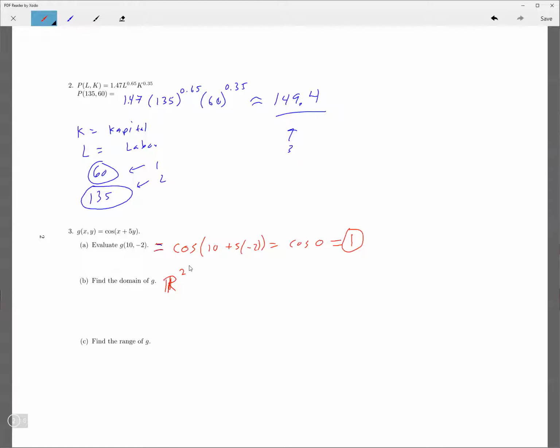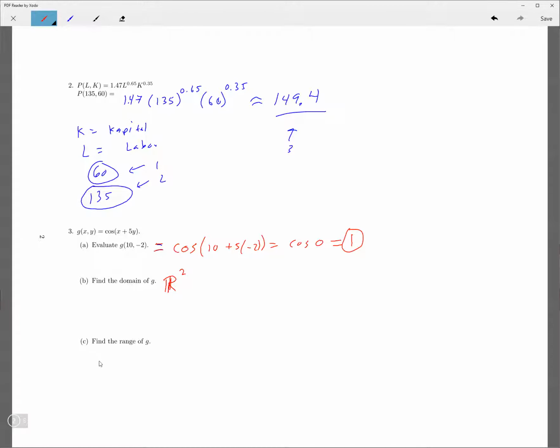That's part B. Part C is find the range. Now, the functions that we're dealing with, there's 2 variables, 2 independent variables. Here, there's 2 independent variables. However, when you plug it into here, you're going to get just a real number, okay?